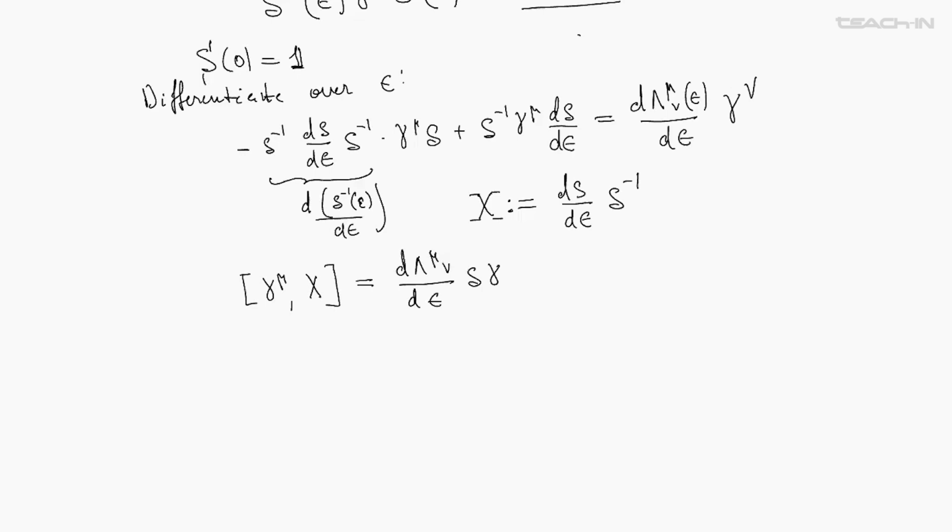In other words, what I'm doing here is taking this equation and multiplying it by S from the right and by S^{-1} from the left.